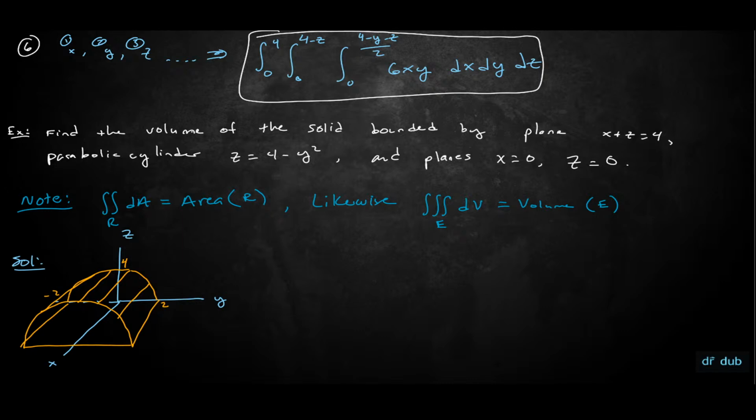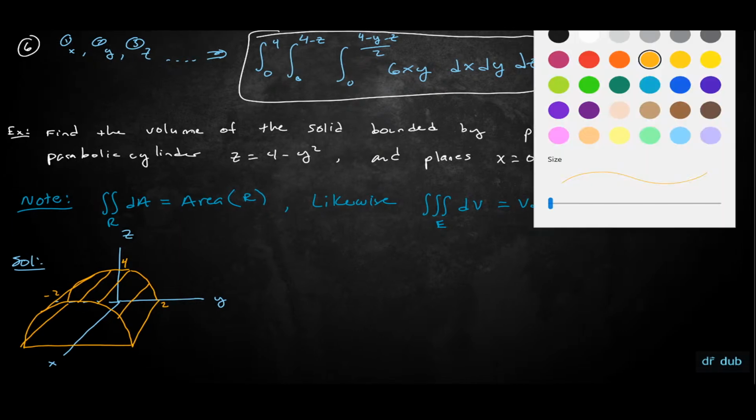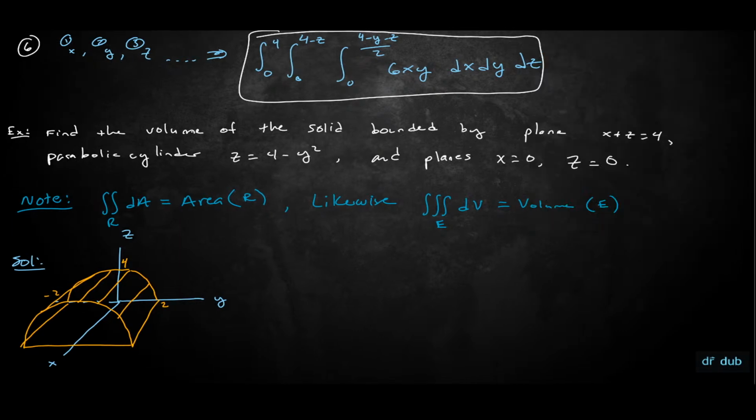So in the yz direction, you just see a nice parabola opening down, with a height of 4 and y between negative 2 and 2. So basically looking straight at it from the x direction, you would see that cross section.